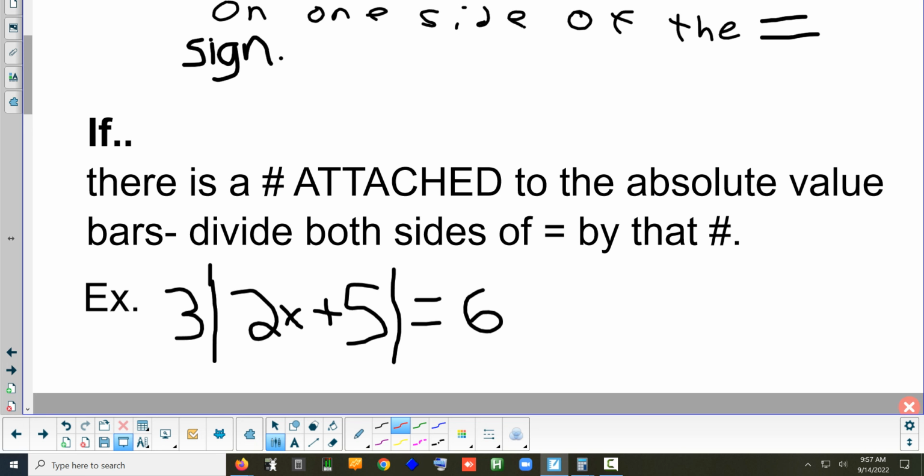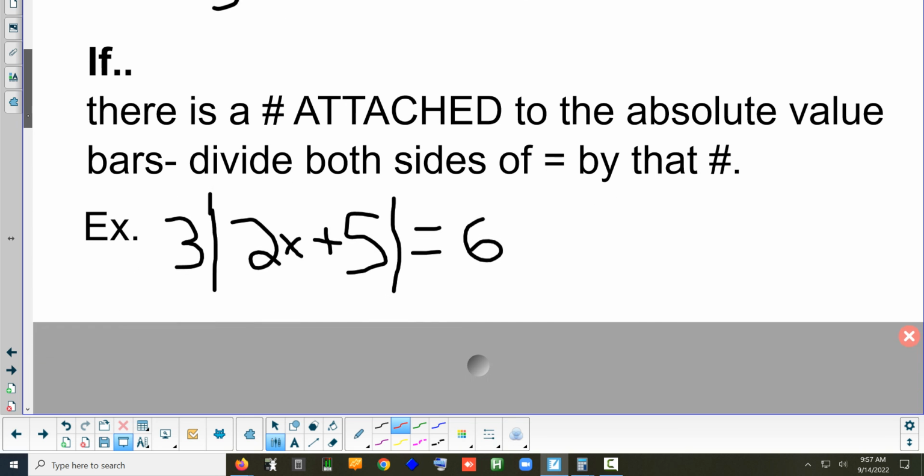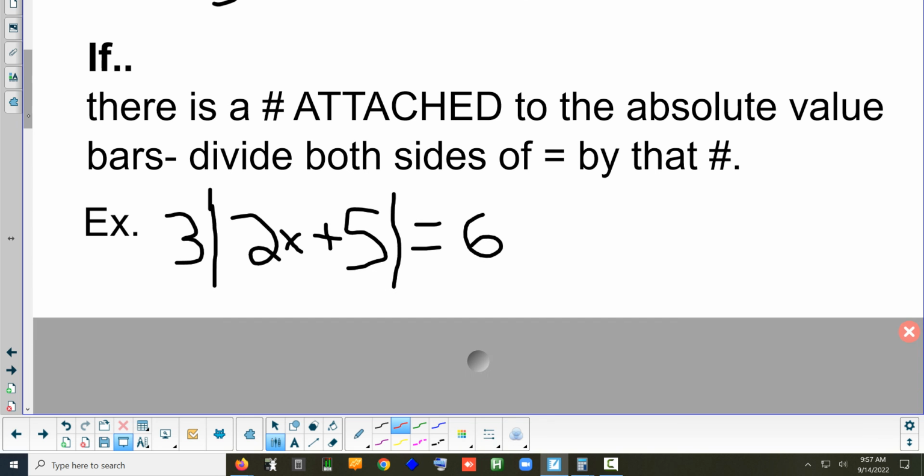Do you guys already have that example printed on your notes? Okay. So that's an example of something that we don't want. The absolute value is not by itself. It has something next to it. We have a 3 attached.